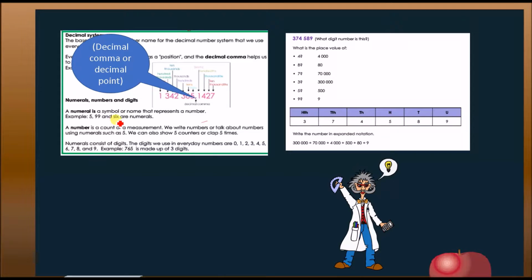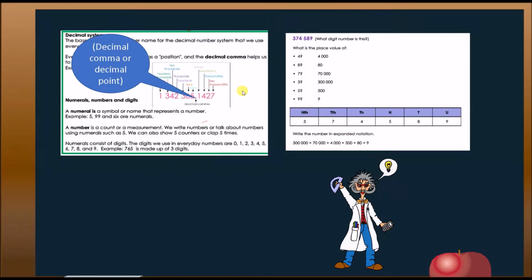That symbol represents the number 6, and we call them numerals. A number is a count or a measurement, and that is very important because that gives value to this numeral. And the number consists of digits from 0 to 9, and the position of that digit determines the value of it.